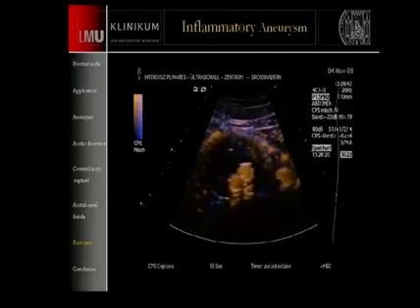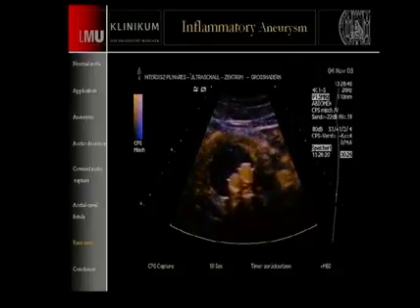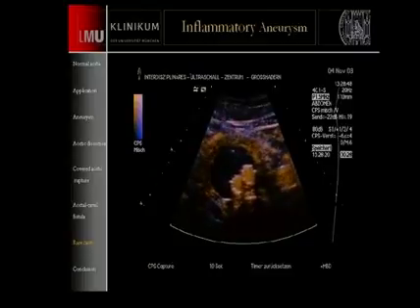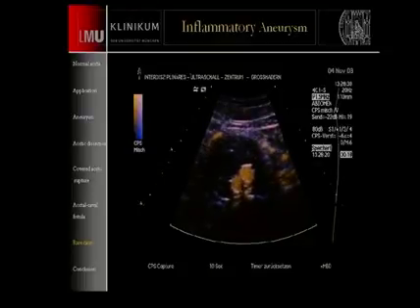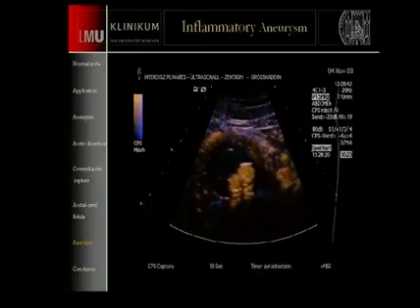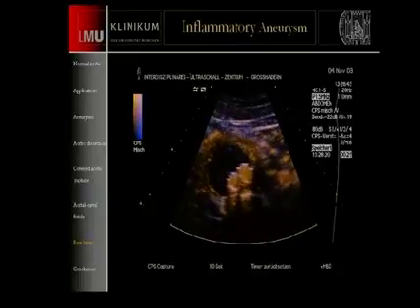These aneurysms will often be treated, and therefore, as the next step, with contrast ultrasound you can monitor this treatment. If you do this examination before treatment, and use this time-intensity curve as a baseline examination and then compare it over time, you can say whether your treatment is successful or not.